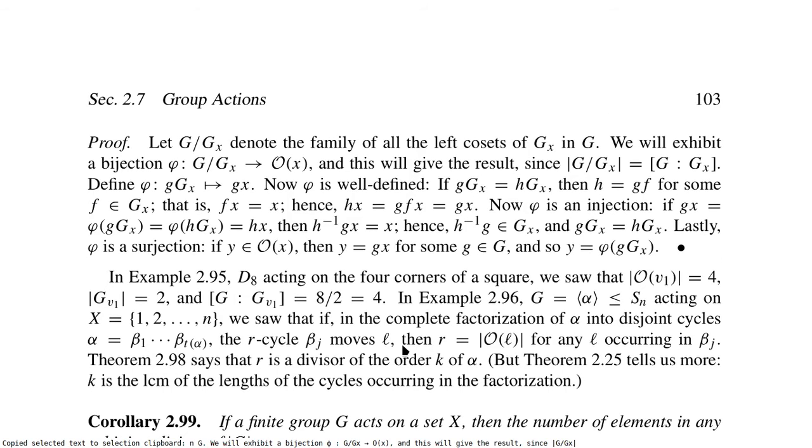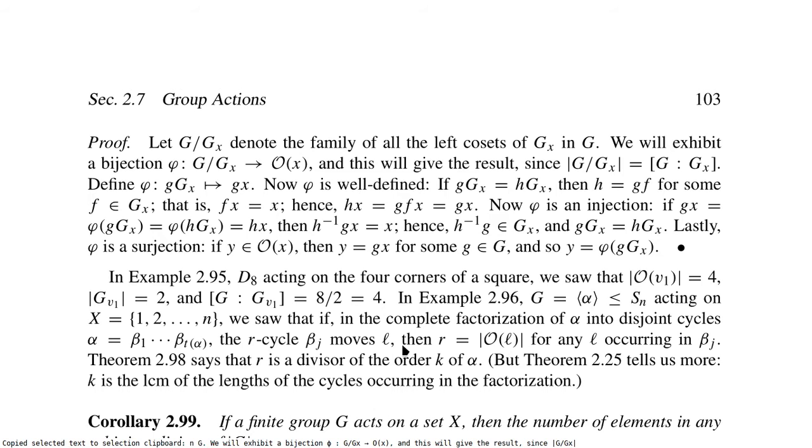So now we check if this is well defined. What you do is you define phi to take the left cosets of the stabilizer G_x to the elements in the orbit.